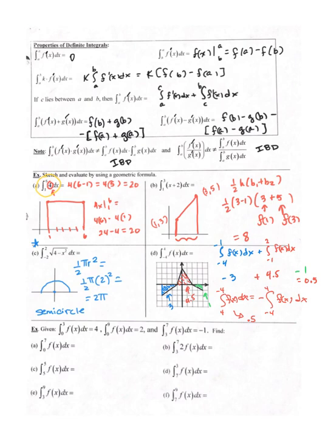Okay, so we're looking at the properties of integrals. Okay, they're feeding us information. They're telling us the integral from 0 to 3 of f of x, 0 to 9 of f of x, and then 3 to 7 of f of x, okay?